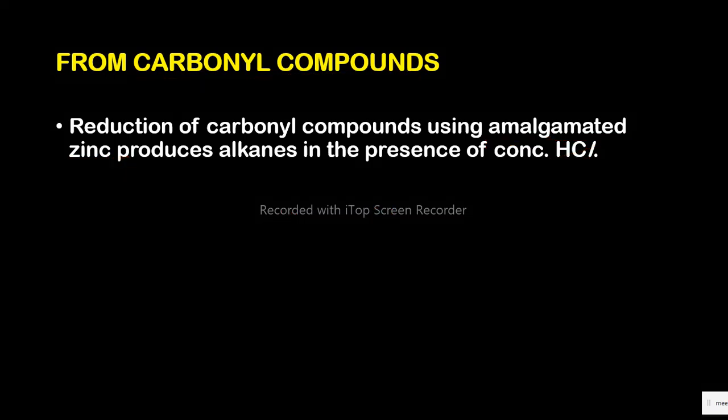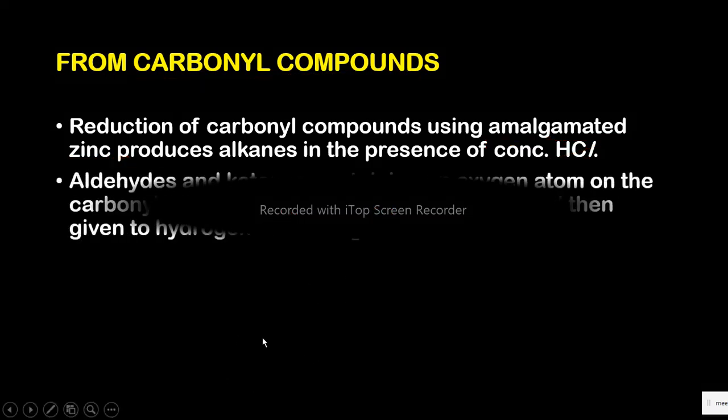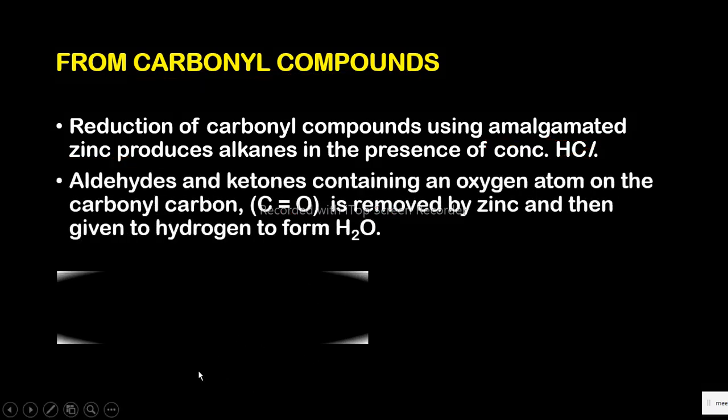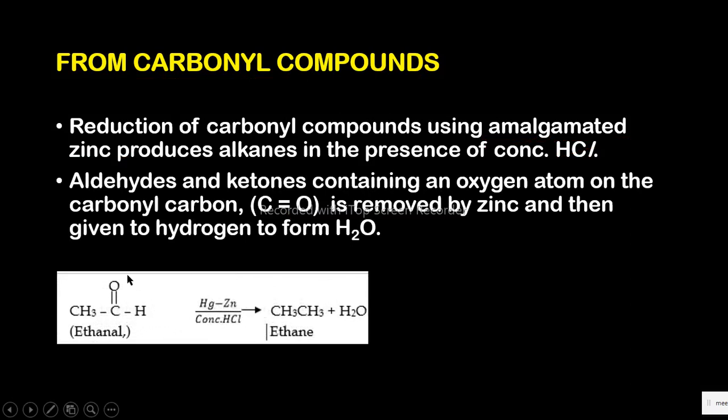Let's see if I have a reaction, and I think I do. So you have your carbonyl compound, which is an aldehyde, or it could be a ketone, and you heat this with amalgamated zinc, mercury and zinc, in presence of conc HCl.